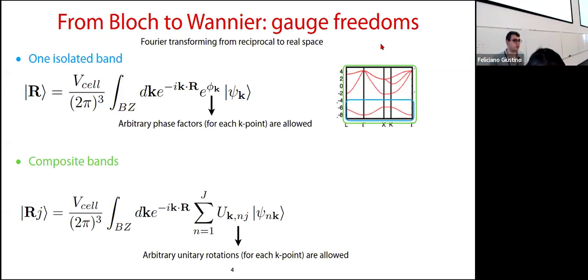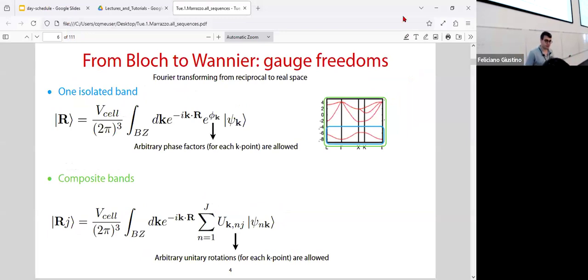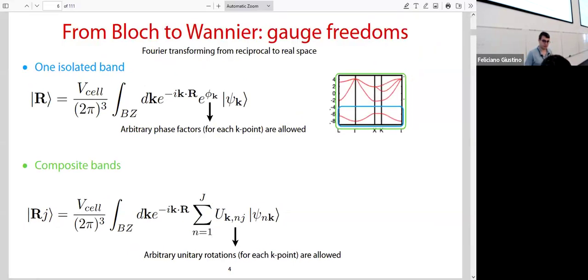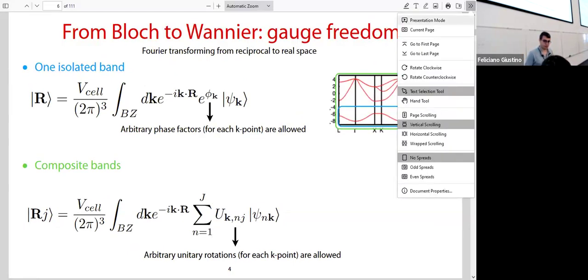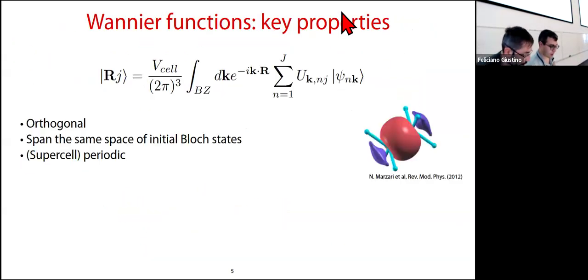If you have composite bands, you even have more freedom because there is an entire unitary rotation that you can choose in different ways, and you will still get different kinds of Wannier functions.